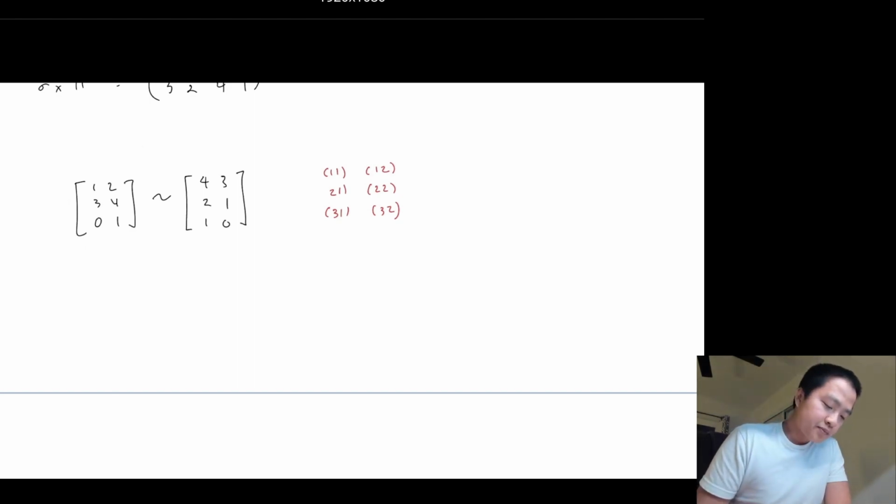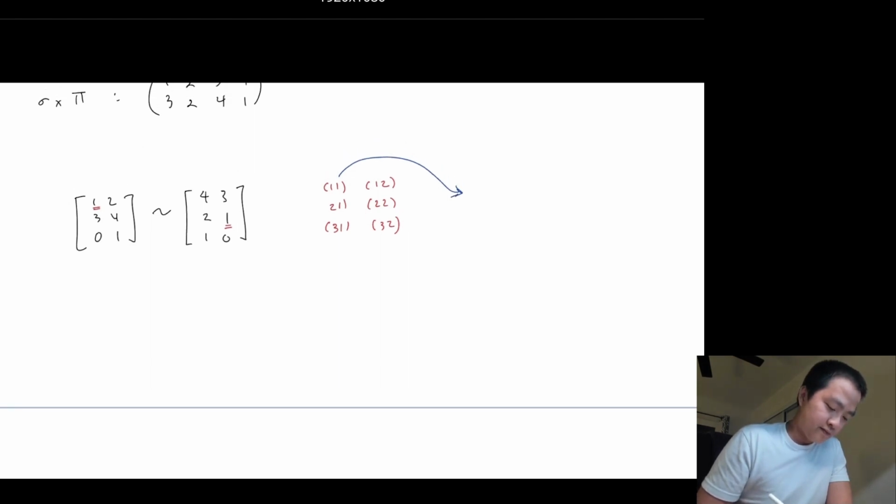Now we see this position is mapped to that position, right? So 1, 1 is mapped to 2, 2, right?